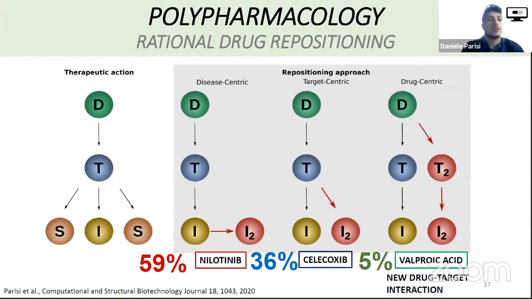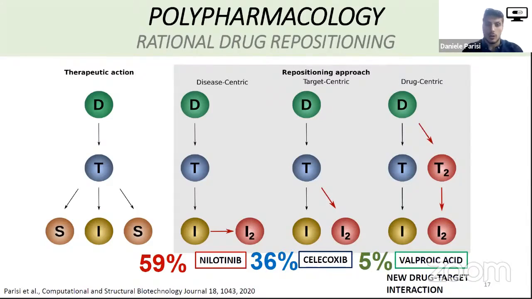Starting from the left of the graph, the basic concept is that therapeutic action can be shown by the interaction between a drug in green and a target in blue. The way the drug can modify the action of a target can then be translated into a therapeutic indication in yellow, and a lot of different side effects in red.